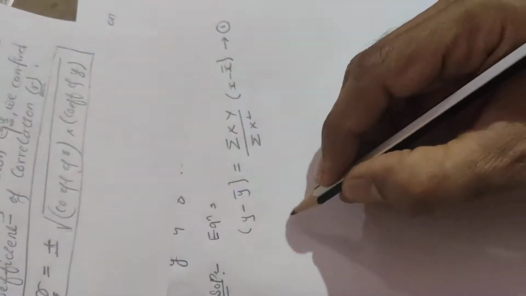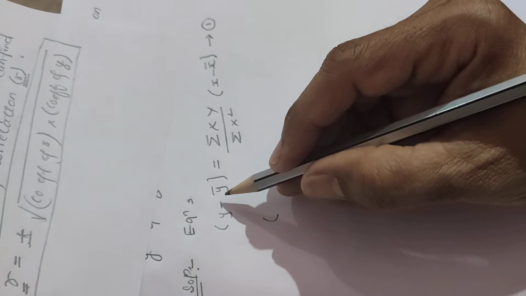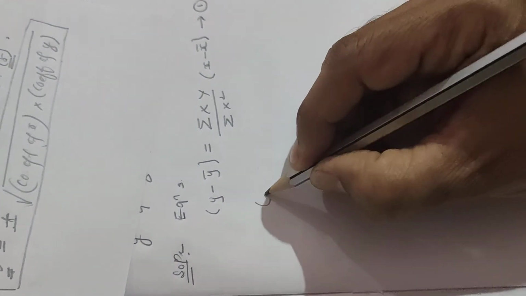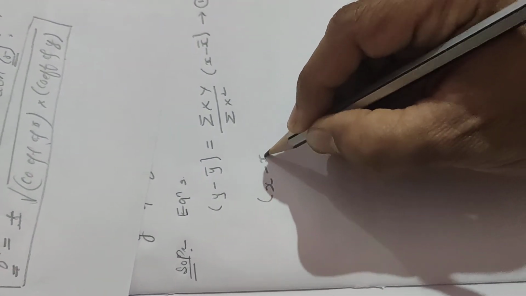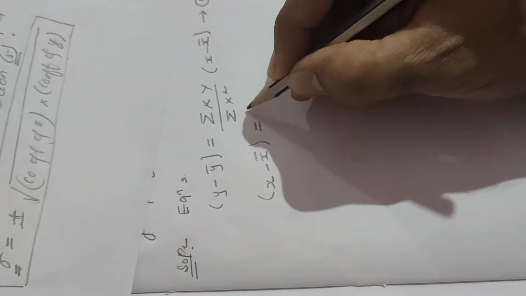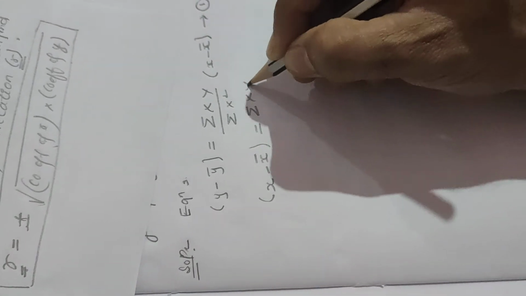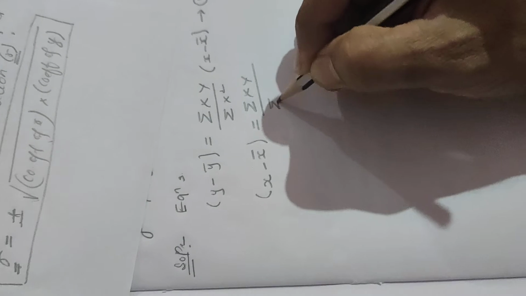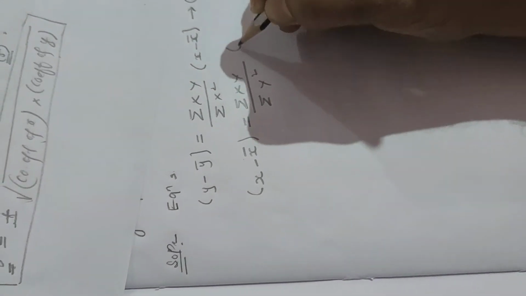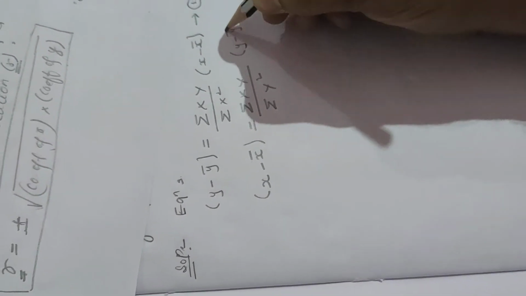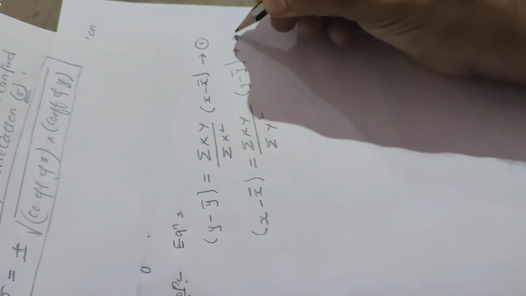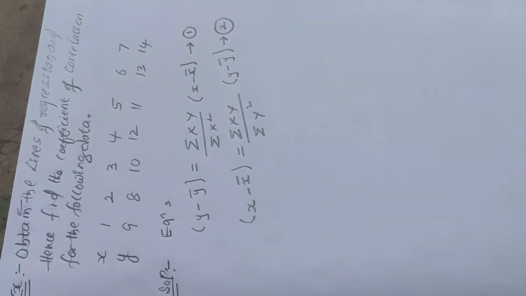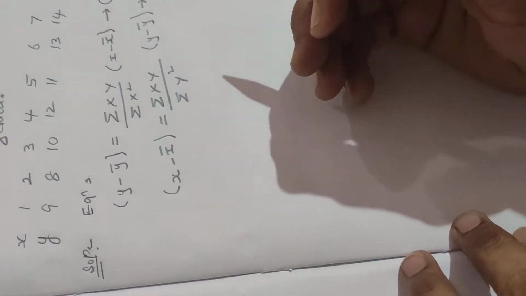These are the lines of regression. The first one is y on x, the second one I'll write is x on y, that is x minus x bar is equal to sum of xy divided by sum of y square into y minus y bar, called equation number 2.